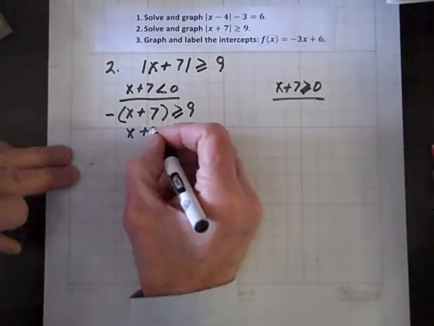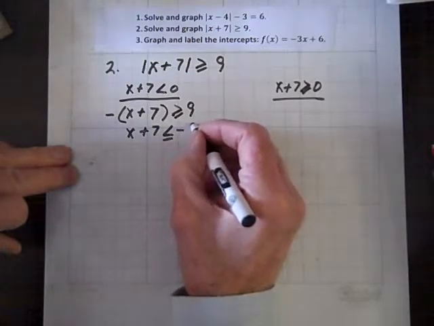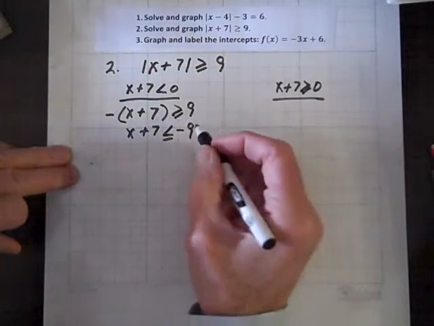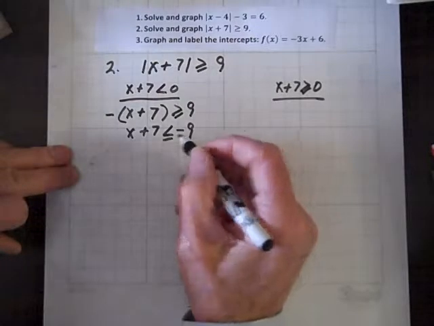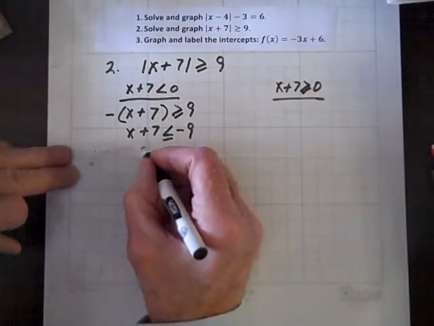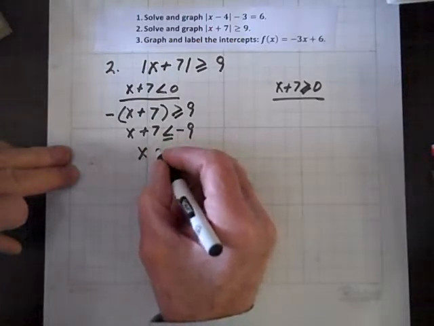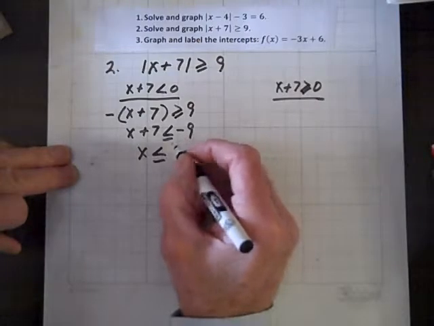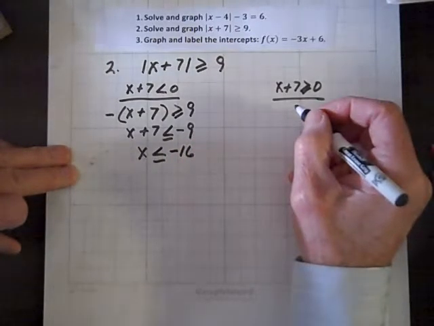When we do that, we get x plus 7 is less than or equal to negative 9. Anytime you multiply or divide through by a negative, you have to flip the inequality. Now we'll isolate x, so we'll subtract 7 from both sides, and 7 minus 7 is 0, and negative 9 minus 7 is negative 16. So we're done with that.